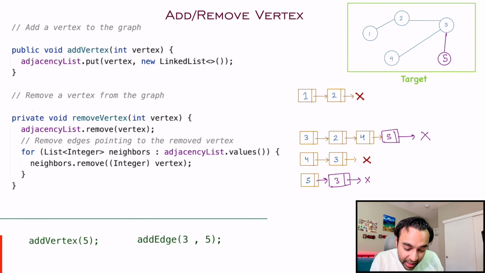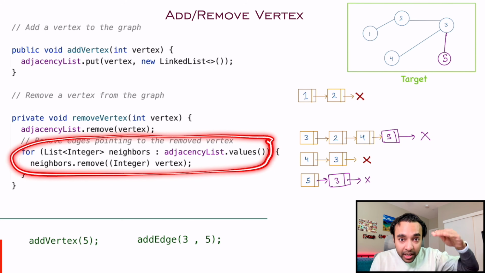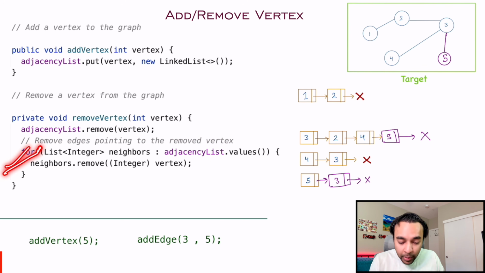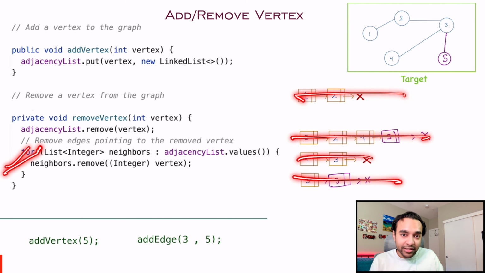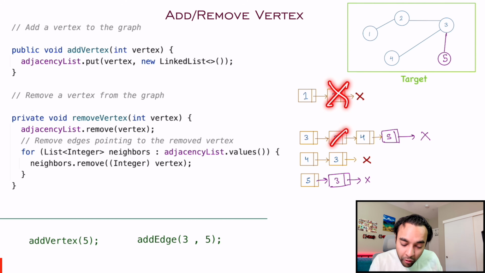The next step is iterating over all the remaining rows and then removing the node number 2 from over there. So you are simply running a for loop. You will iterate over each of these lists and remove node number 2 from any occurrence that you can find. And that is how you add and remove vertices in an adjacency list. This kind of sums up all of the different operations that you can perform on a graph using an adjacency list representation.